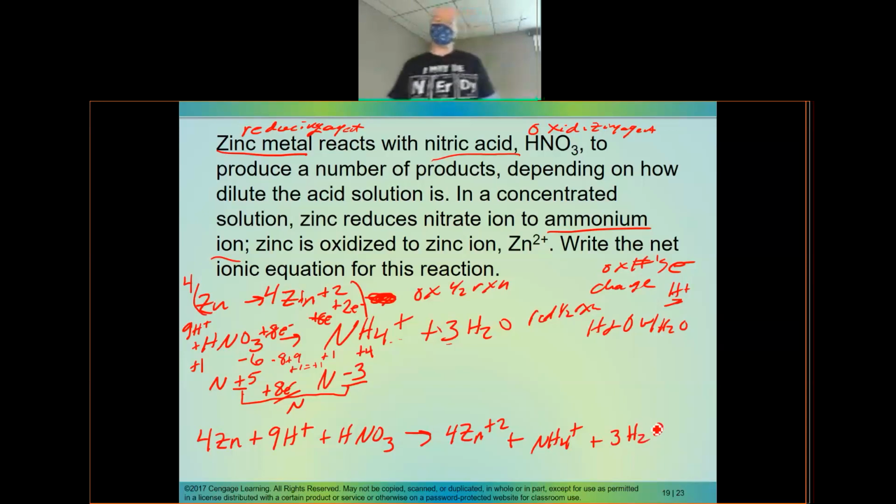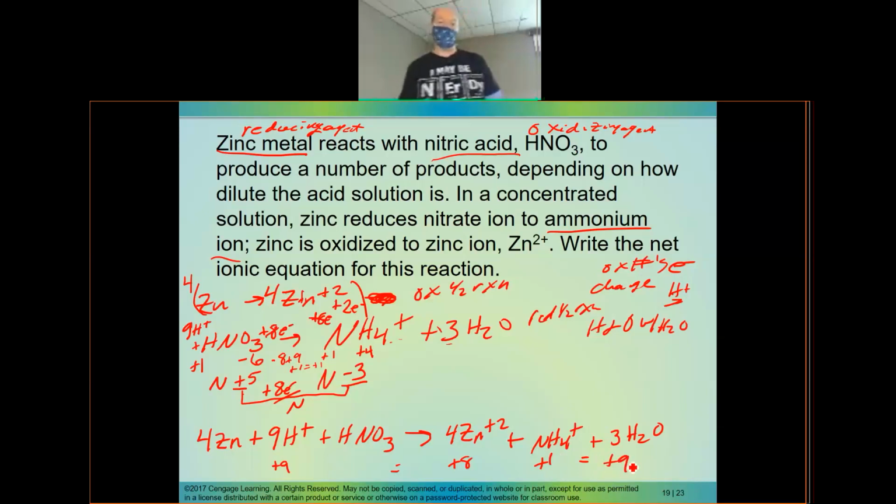All right, and you'll want to check the charge. So we have 4 zeros, we have 9 pluses, that's plus 9, and we have neutral. So 9 is what we have on the left. Here we have 4 plus 2s, that's plus 8. Here we have an NH4 plus, that's plus 1, and we have 3 neutral waters. And so we see that a plus 9 on the left and a plus 9 on the right.